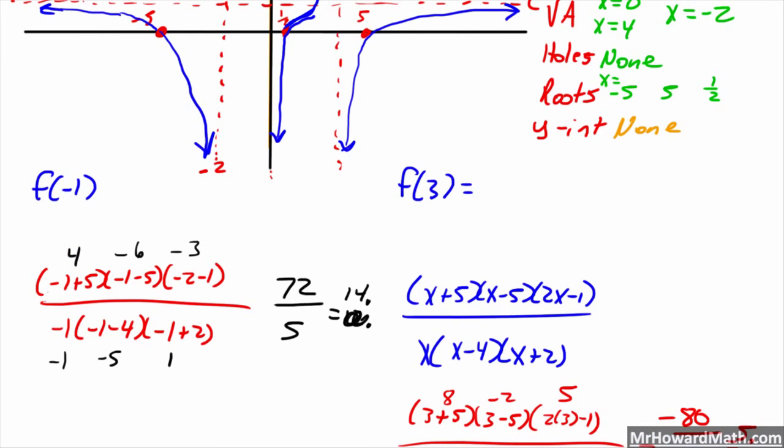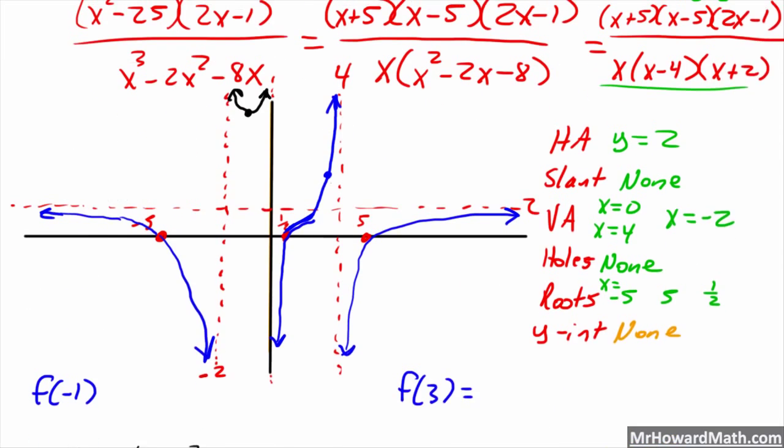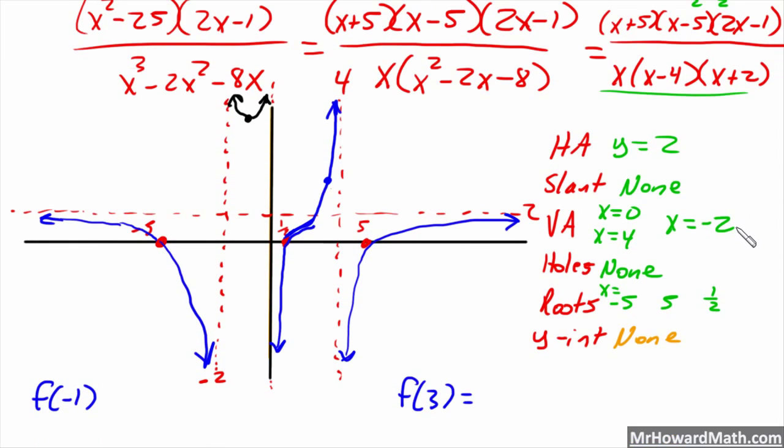Point is, at an x value of -1, I'm way up here at 14 point something, so that means the graph has to look like this. It can't come down here like this because there are no roots down here, so it's got to open up like that. So after all of that work, that is what that graph looks like.